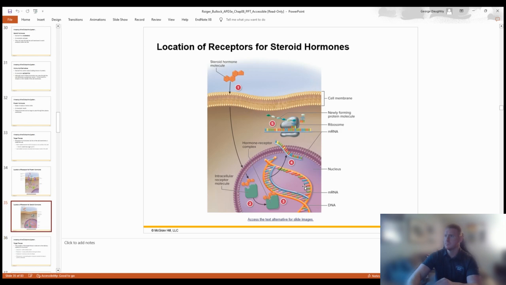All right. Now, steroid hormones actually do roughly the same thing. Steroid hormones don't need a specialty receptor. They can enter into the cell membrane relatively easily. There are a number of things that have to happen, but let's take testosterone, for example.